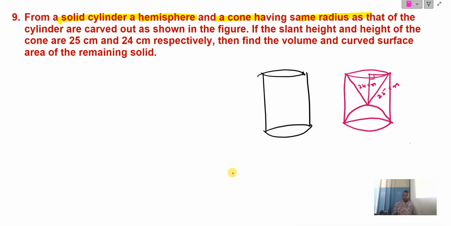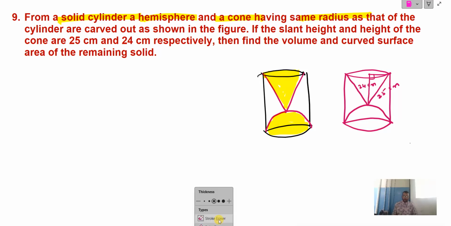Once you remove this area, the remaining area will appear in this form. Now this is the remaining area.